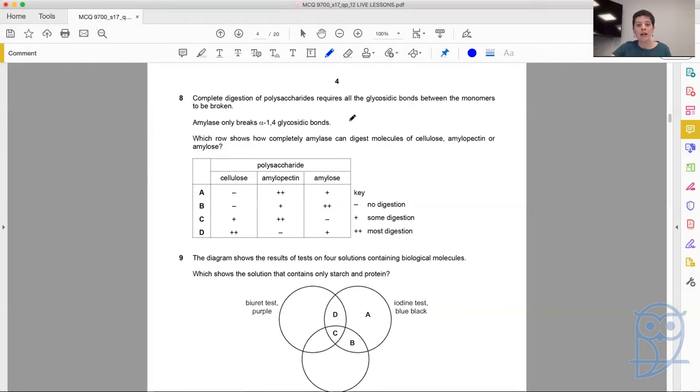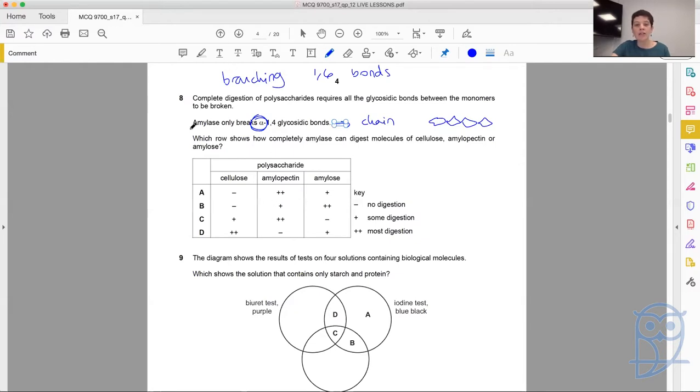Because 1,4 glycosidic bonds make our chain, our basic connection of those molecules. If we have branching, then we also have 1,6 bonds. Then we've got to bear in mind that it's only breaking alpha.